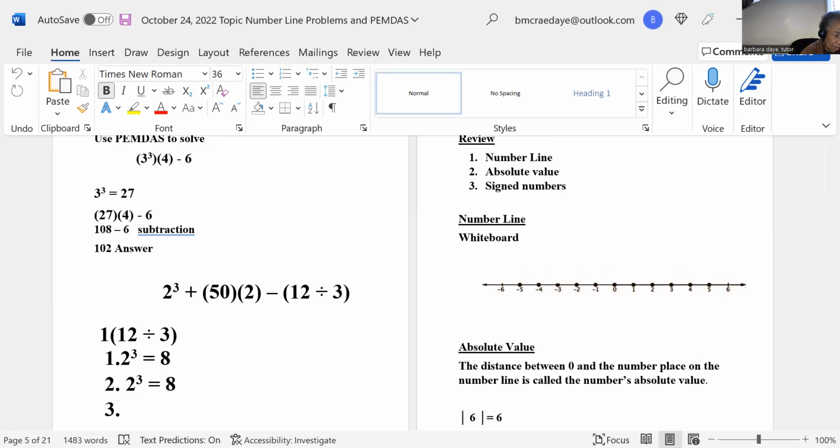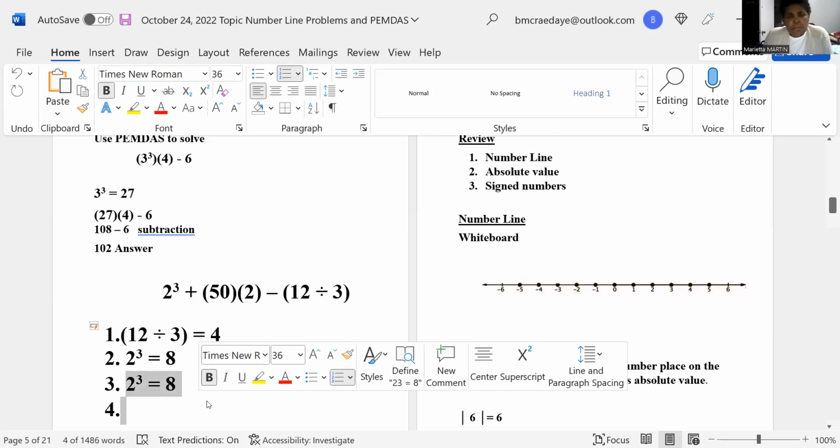I'm putting these in steps to make it easier. So 12 divided by 3 is equal to what? 4. So you're going to do that one first, then you do the exponent.